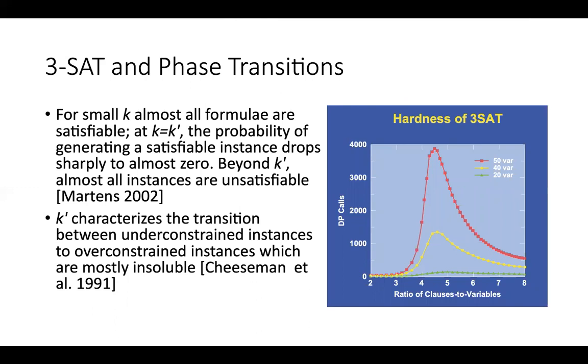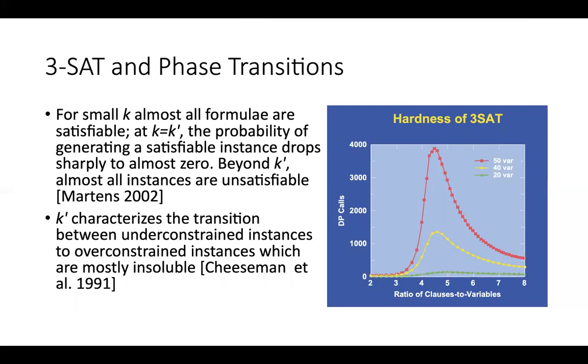So in the late 80s, early 90s, there was a spate of interest from the physics domain in understanding some of these complexity classes, which yielded some interesting results. For example, it's been observed that for the class of 3-SAT problems, a phase transition is observed. Think of a phase transition as how suddenly states of matter change from one phase to the other: solid, liquid, gas.